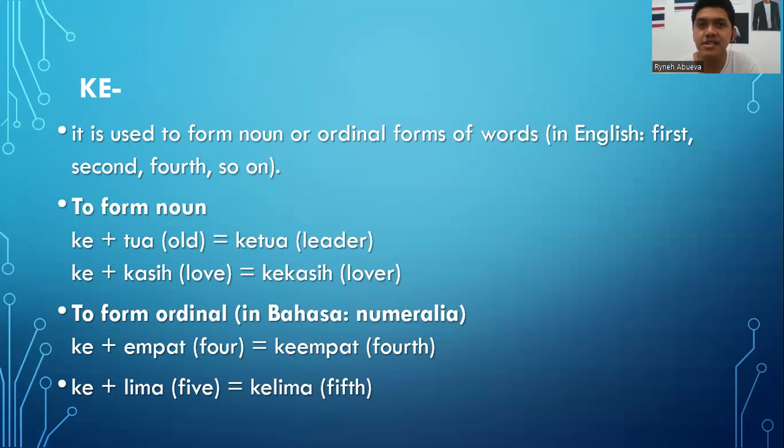And sometimes this prefix ke is used to form an ordinal number. For example, ke plus the root word empat, meaning four, becomes keempat, which means fourth. And the last example, kelima, the same thing as in the previous example, the prefix ke plus the root word lima, or five, becomes kelima, meaning fifth.